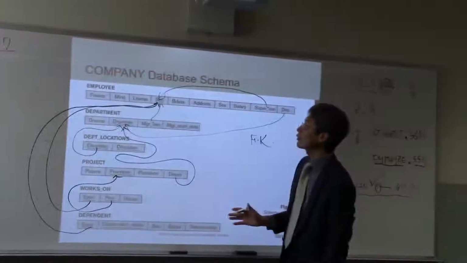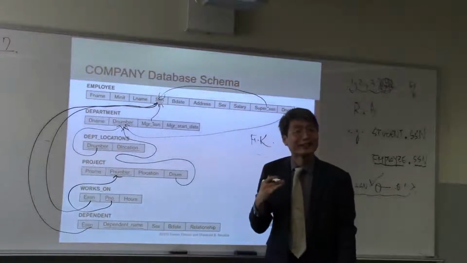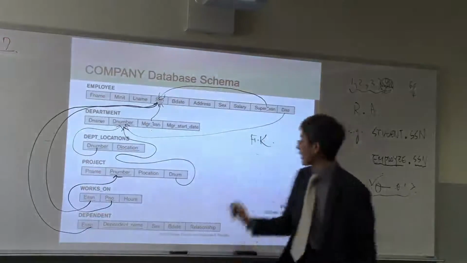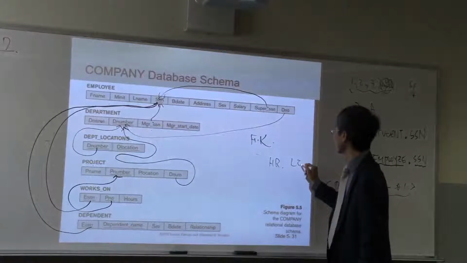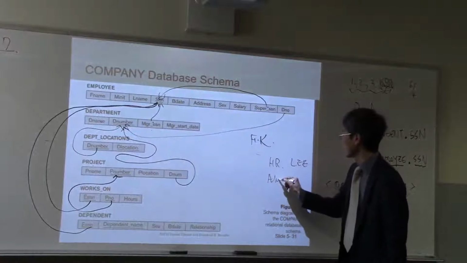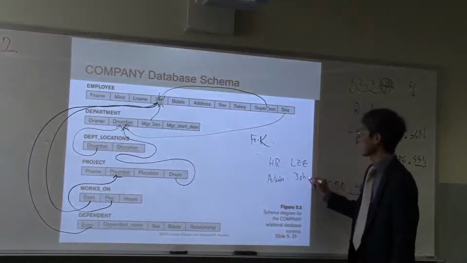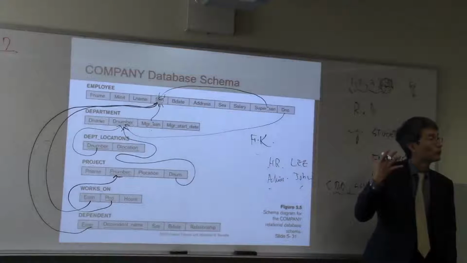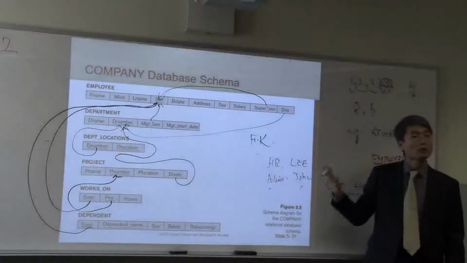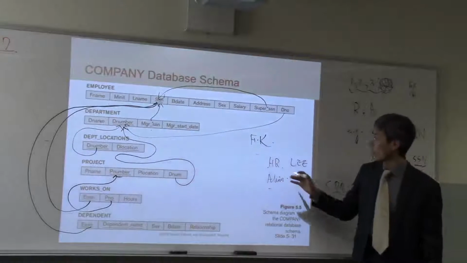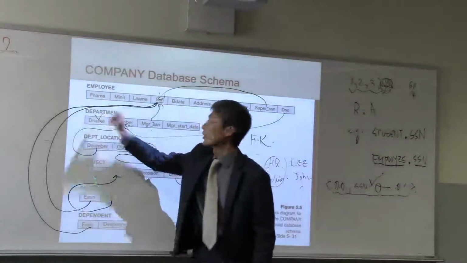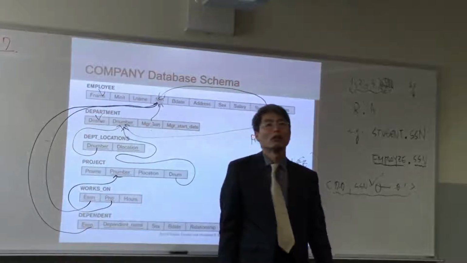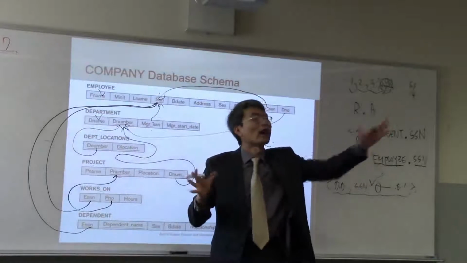So for example, I'd like to find manager name and department name, like HR lead, and admin John, something like that. Can you get this data from one relation? Is it possible? Where is this name? It's here, right? Where is this name? It's here. So it's separate. Then how can we?